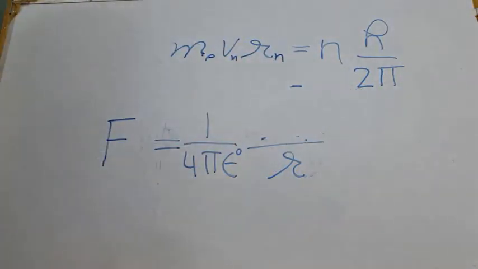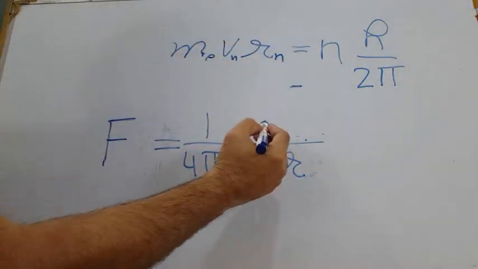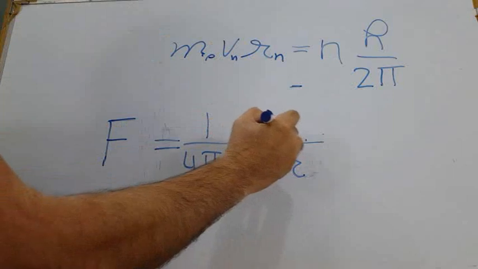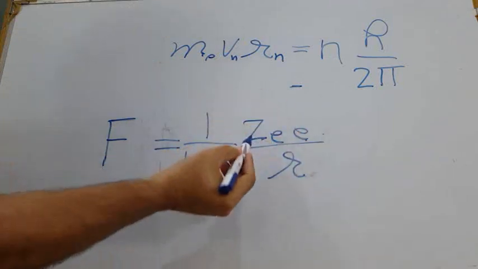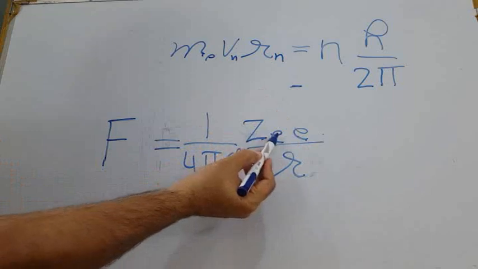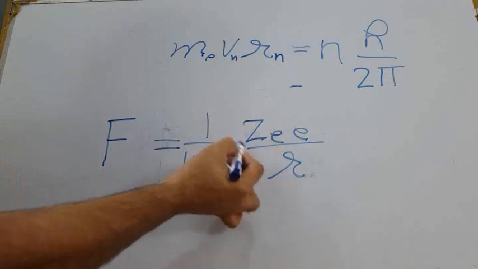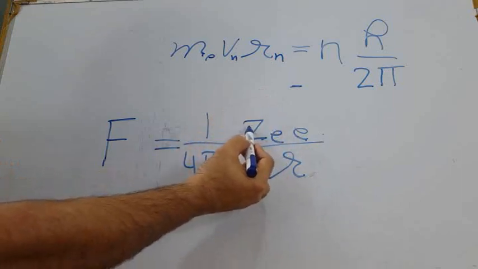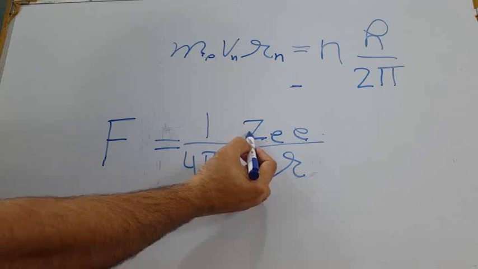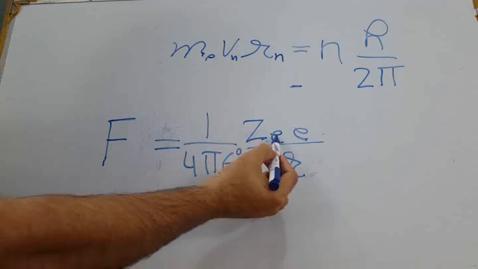That is why we can see that it is the number of protons multiplied by the charge on one electron that gives the charge on the nucleus. If there are two protons, the Z would be 2 multiplied by the charge on one electron.